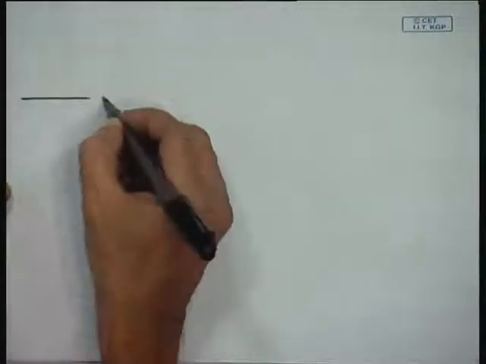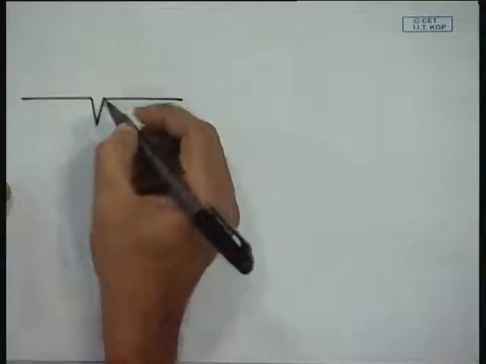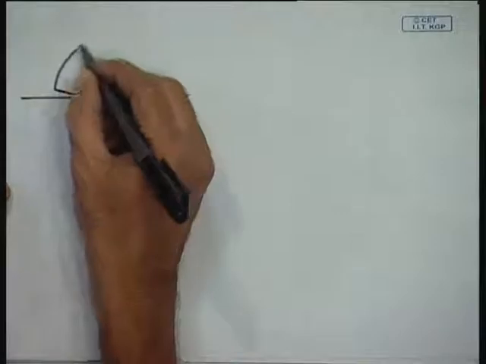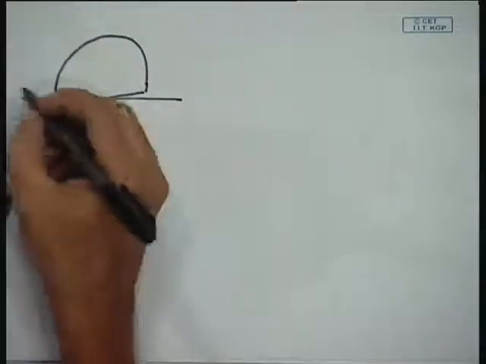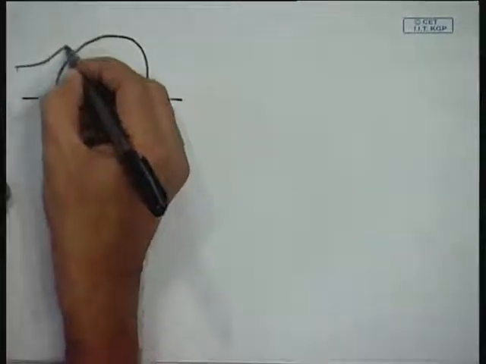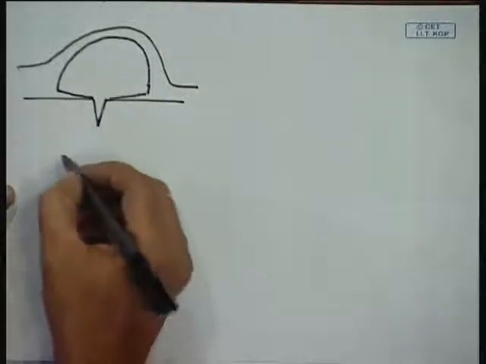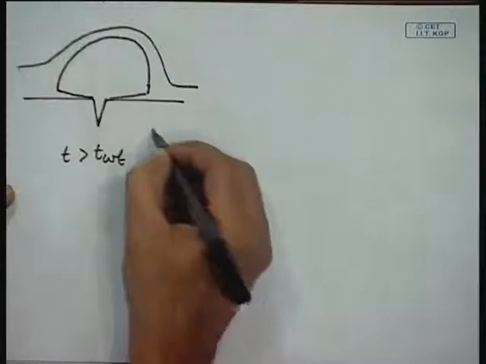If I see the growth period, it has got two phases. Here of course, t is greater than t waiting, but this is phase 1.